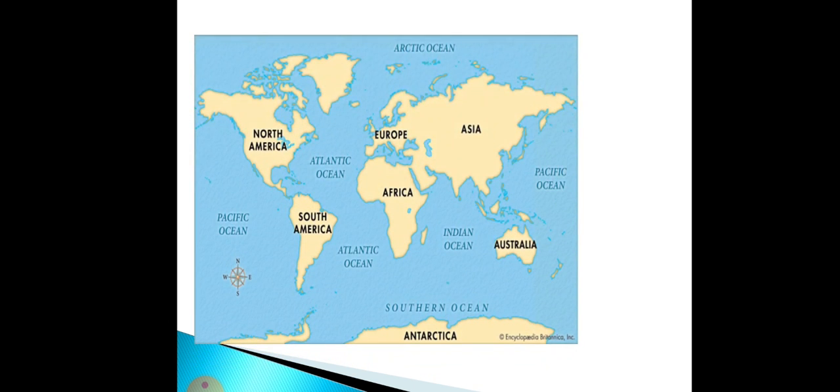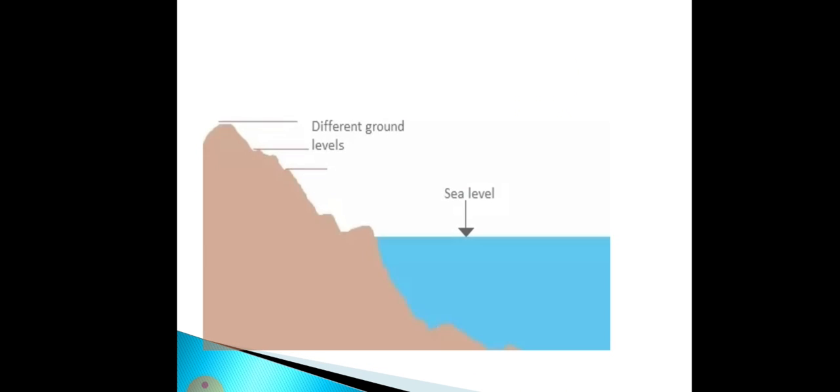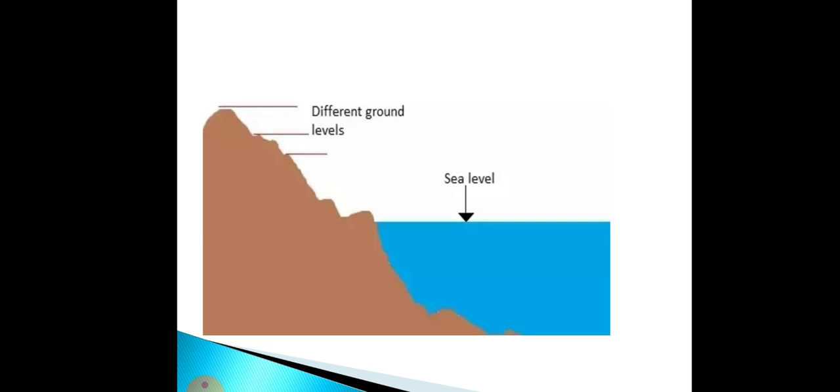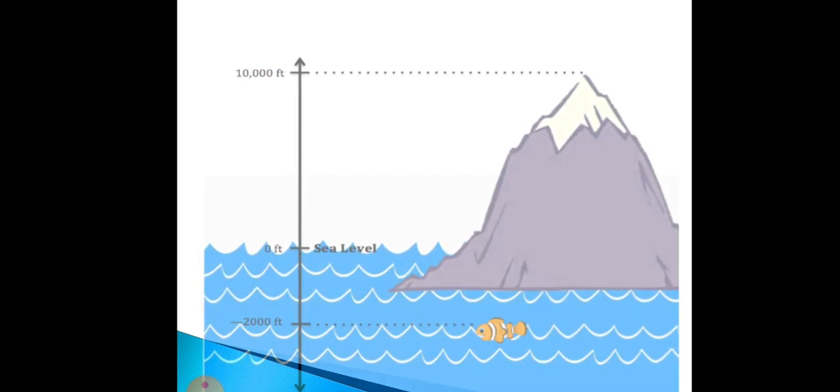So let us understand with the example of the pictures. As I told you, oceans are present all over the world, in equal amount in each and every part of the world. Second example, the sea level of the water is considered as zero.